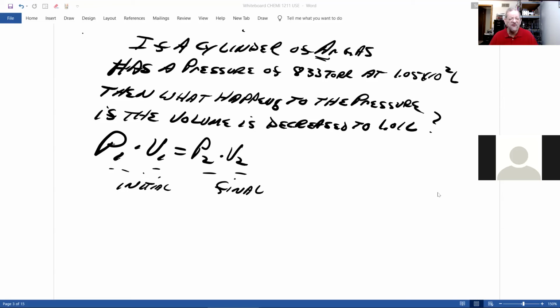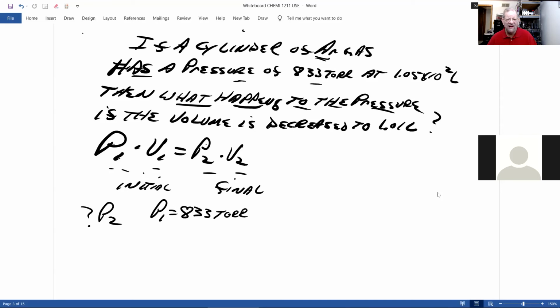All right, so the first question is, what are you trying to find? Well, it says what happens to the pressure. Well, that's the final pressure, P2. What are you given? The cylinder has a pressure, so that's P1. It has a volume. Remember, liter is volume.